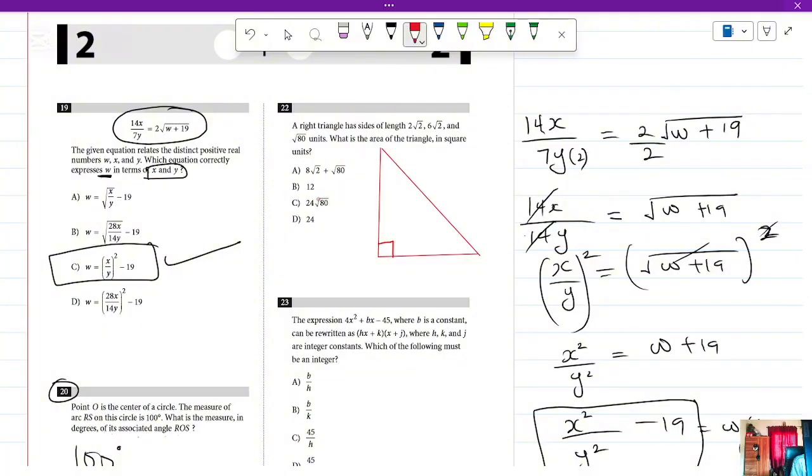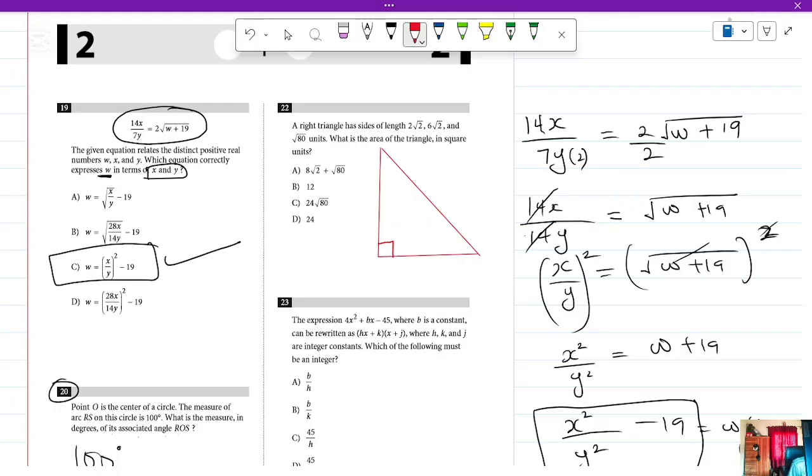Now they said the side lengths are this, so meaning that every one of these lengths has its own value, and we know that the hypotenuse is the longest side.